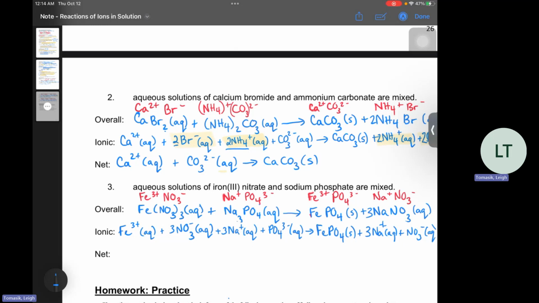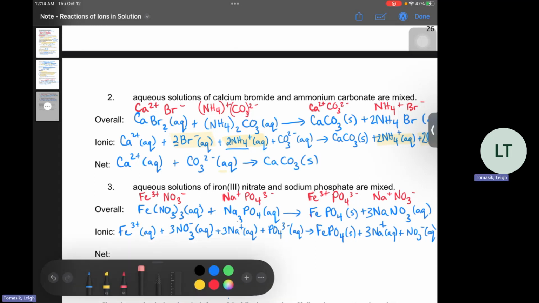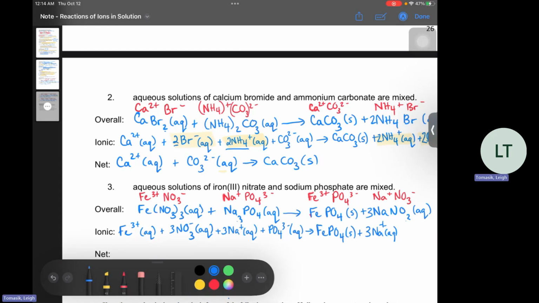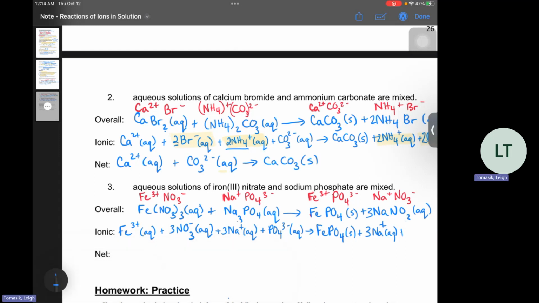Okay, check that everything. Oh, there's 3 of them. Drat. Plus 3NO3 minus aqueous.